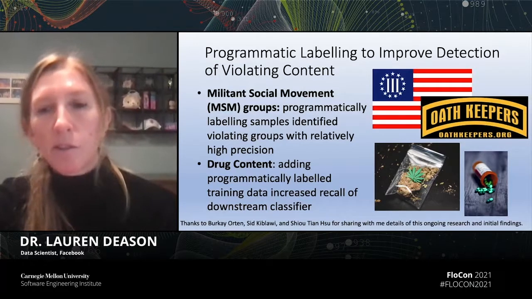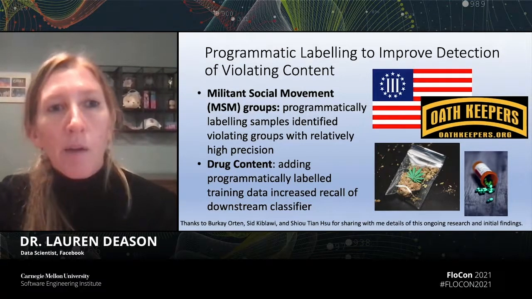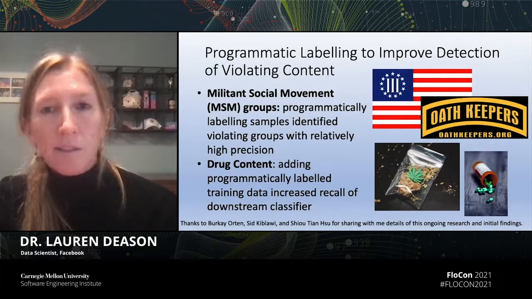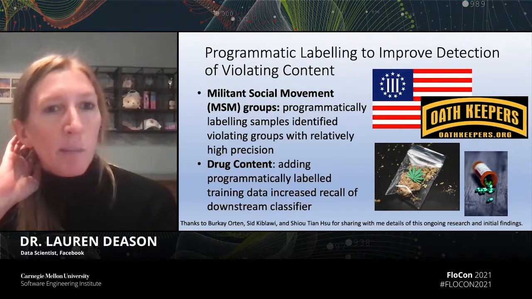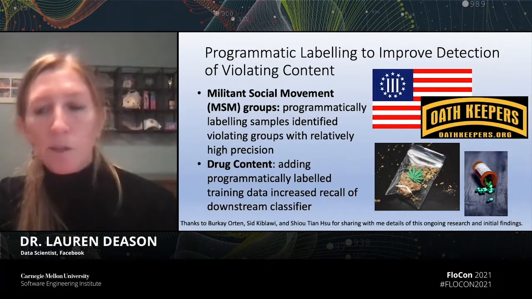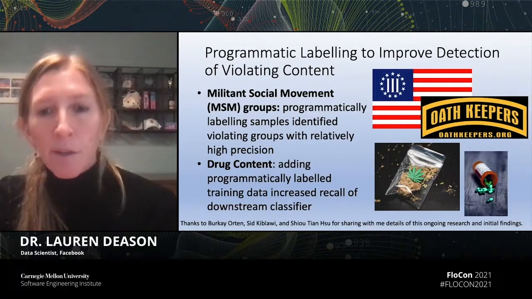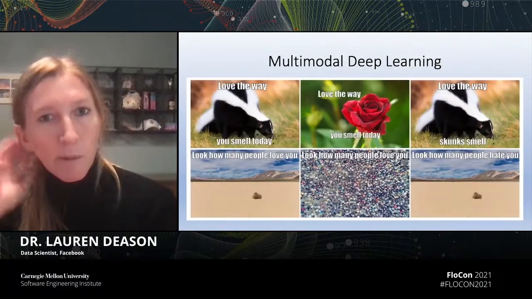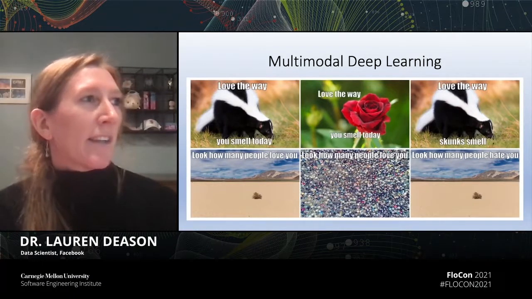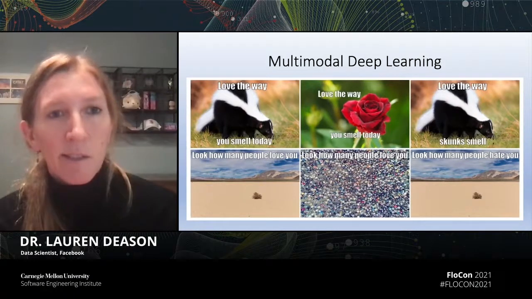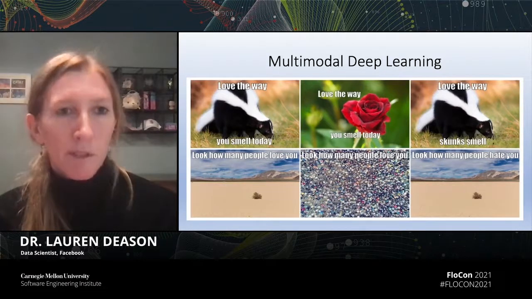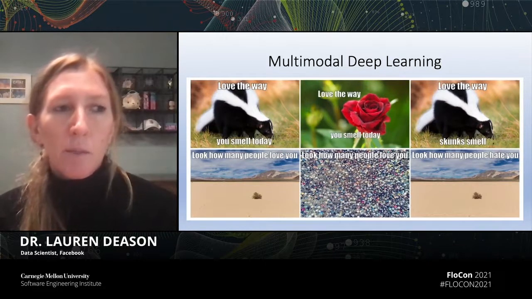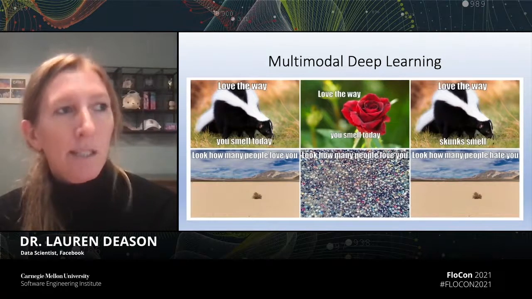So in this drug content example, the model that it uses to take in all this large volume of labeled data is a deep learning model that uses something called multimodal deep learning. If you're not familiar with multimodal deep learning, this slide here, I think, is a nice introduction to the concept. A multimodal learning model is one that takes in multiple modalities of data.